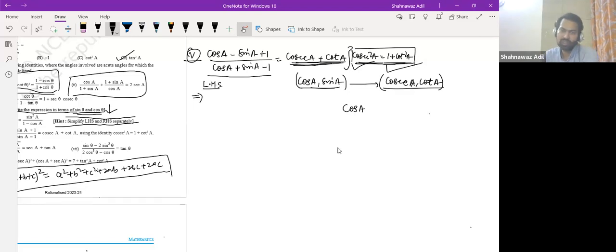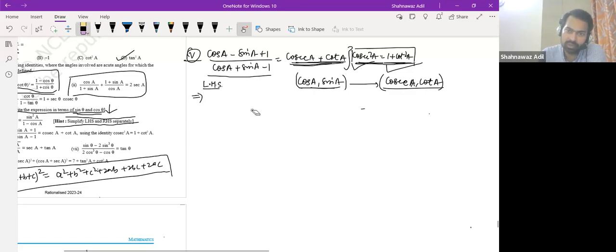So we divide it by sin. Sir, on the left hand side we have 1 and 1 by sin, we can write it as cosec. Good. So if we divide by sin A, we have to divide every other term by sin A. Right. Good. So that is what we do.